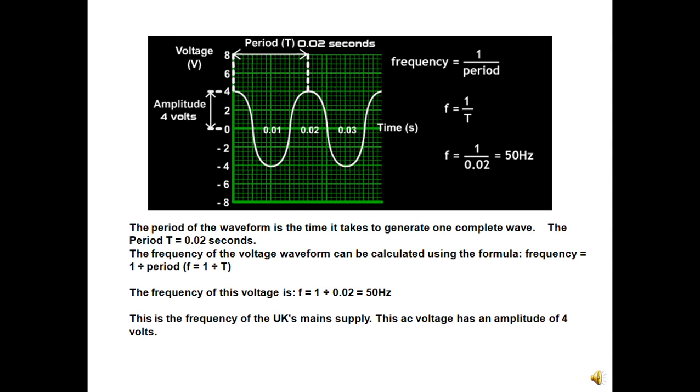And you can see going from here to here is 0.002. That is the time it takes to make one wave. That is the period. So the period is 0.002. Frequency is 1 over period, 50 Hertz.